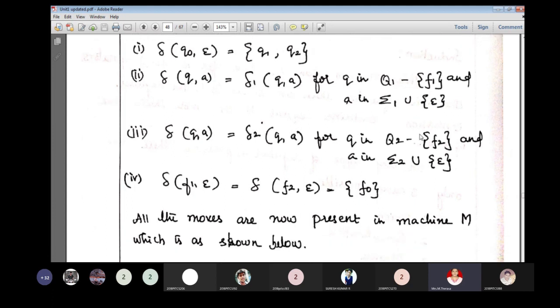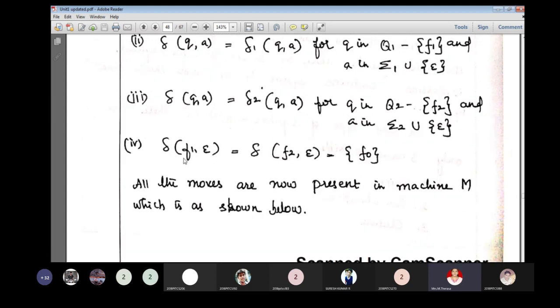So you may have some epsilon also. Then del of F1 comma epsilon and also del of F2 comma epsilon is equal to f0. So we connect F1 and F2 through epsilon to this f0.